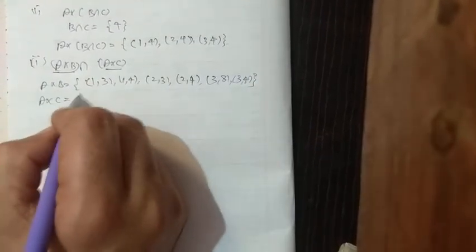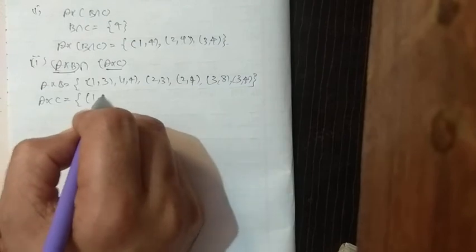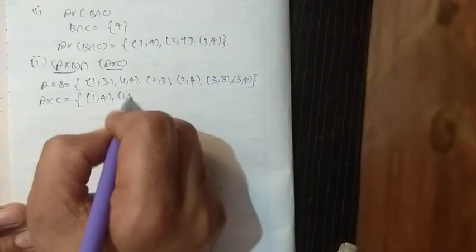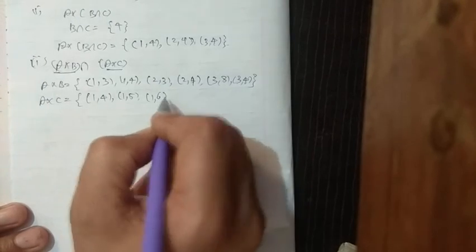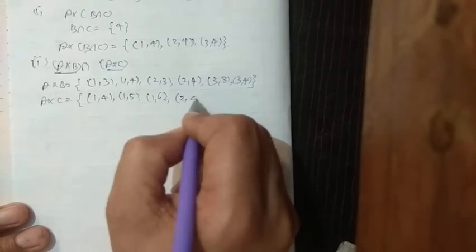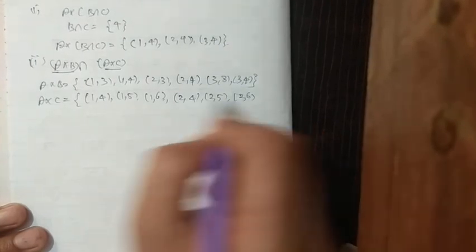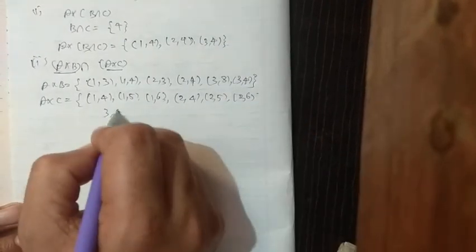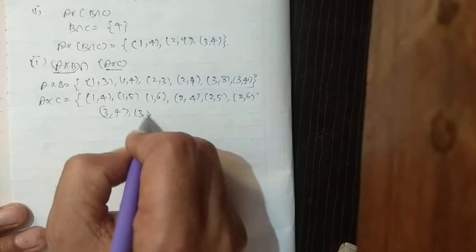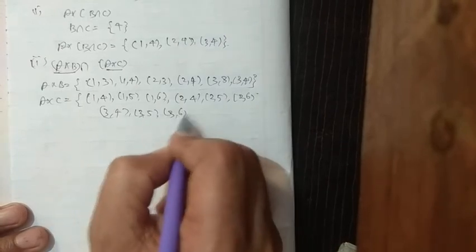Next you find A cross C, that is (1, 4), (1, 5), (1, 6), and (2, 4), (2, 5), (2, 6), and (3, 4), (3, 5), (3, 6).